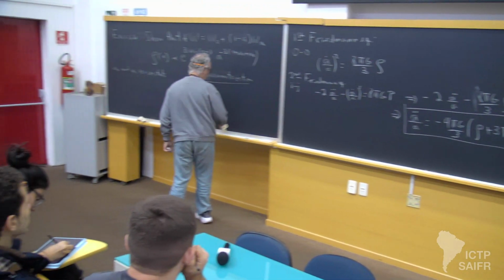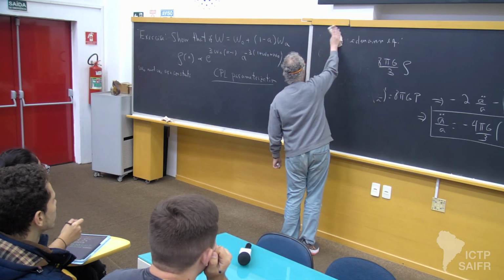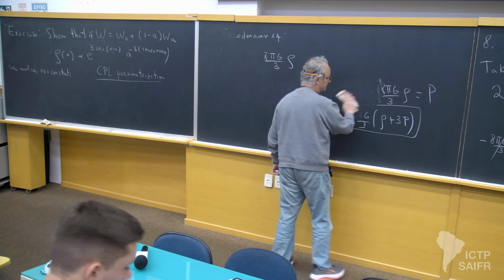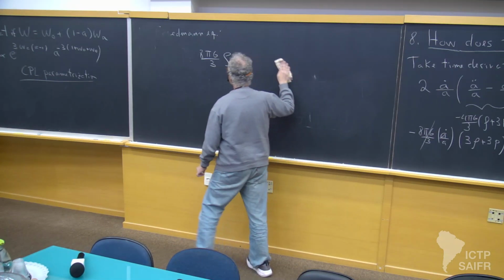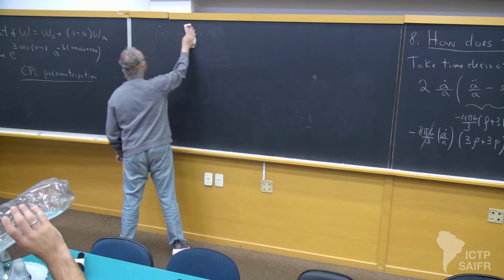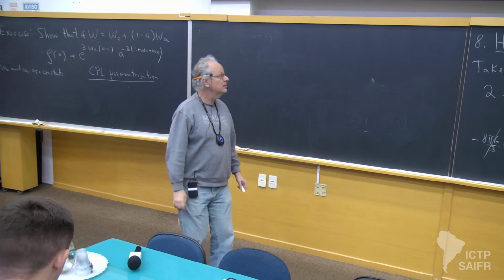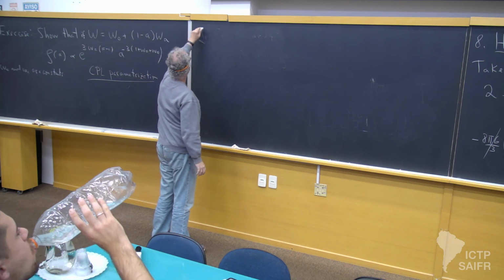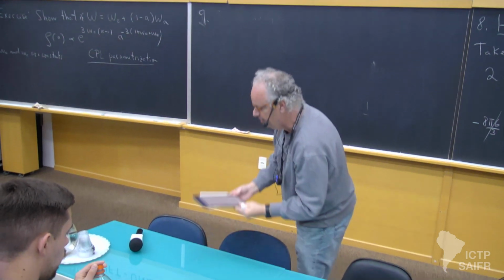So let's see how the density of matter and radiation changes in the universe. So this is 9. Matter and radiation in the universe.